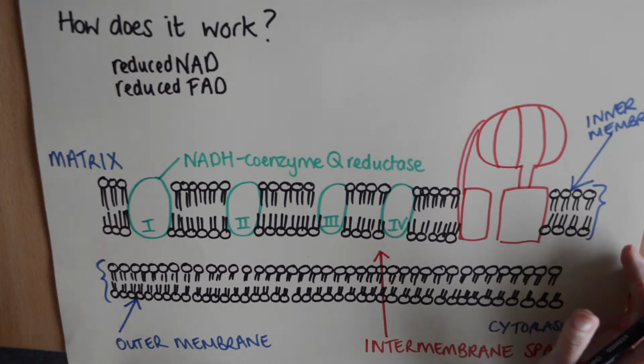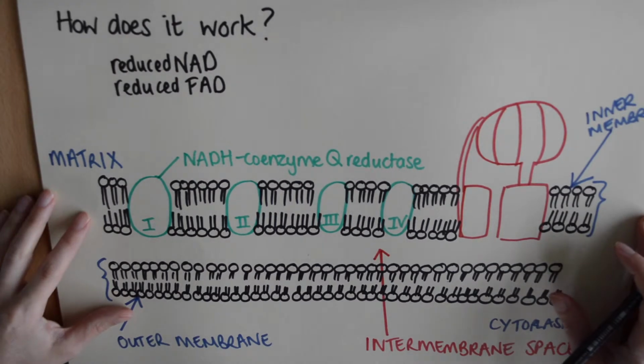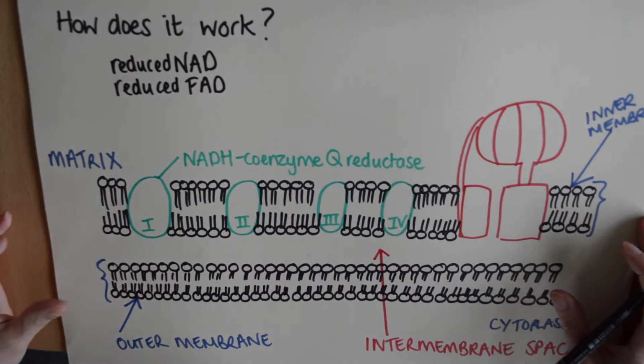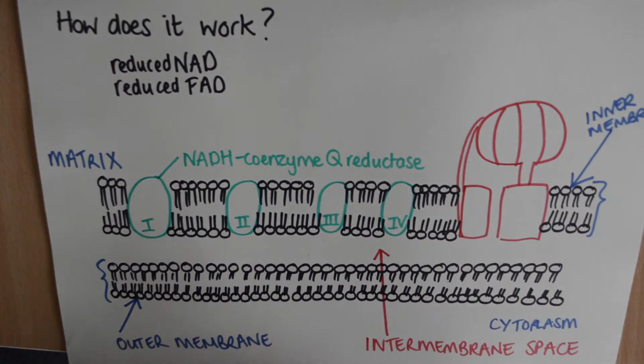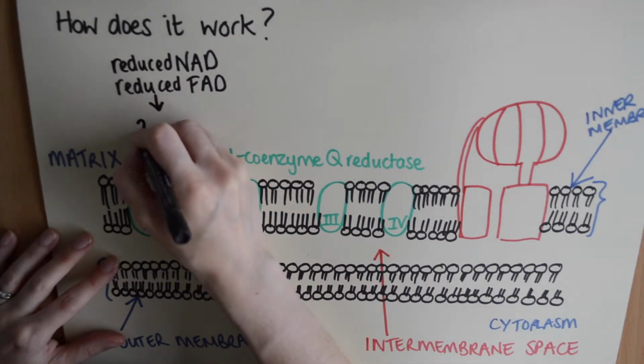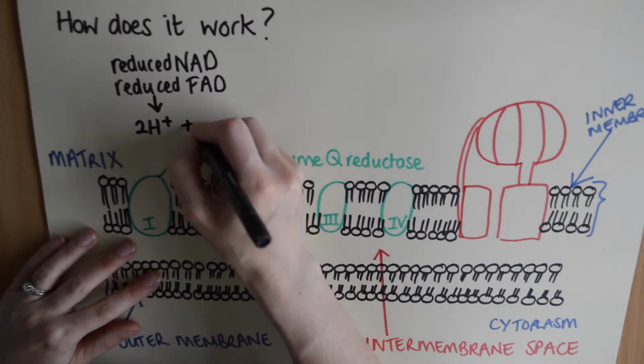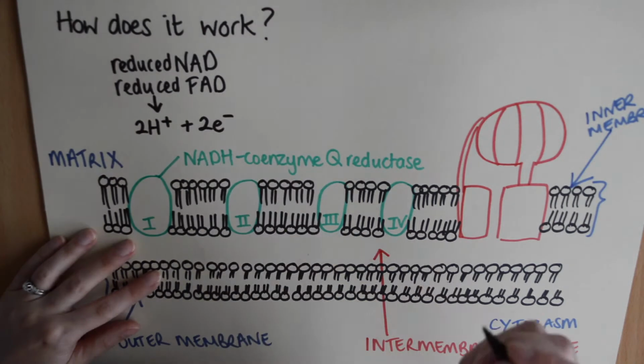Now, when they reach the inner mitochondrial membrane, those coenzymes, reduced NAD and reduced FAD, will actually release those hydrogen atoms, which will dissociate into hydrogen ions and electrons.